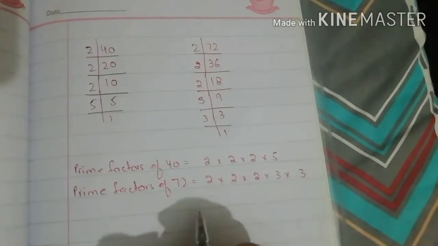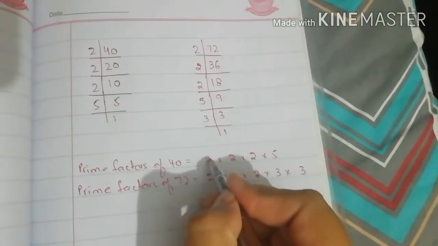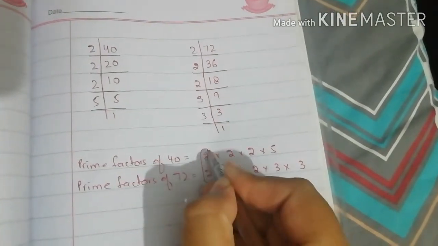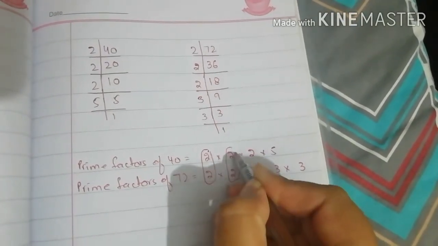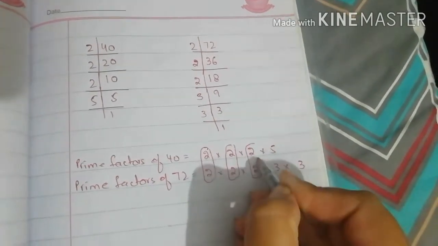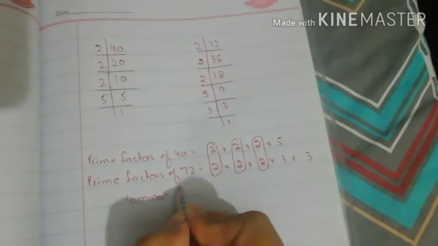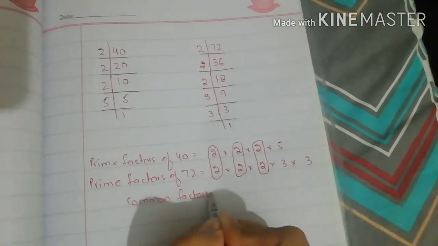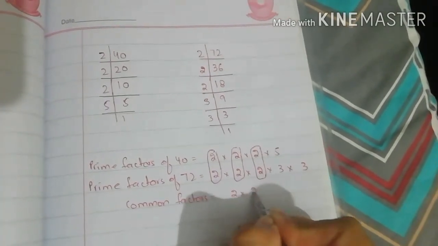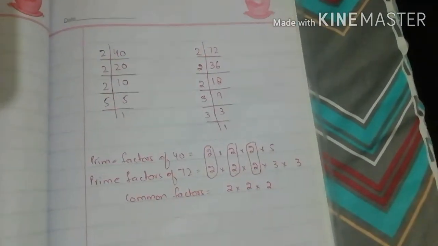We will find the common factors of 40 and 72. 2, 2 and 2. So the common factors are 2 into 2 into 2.